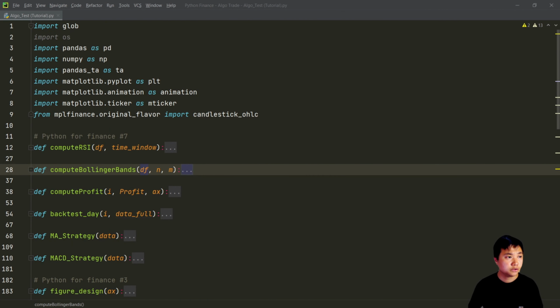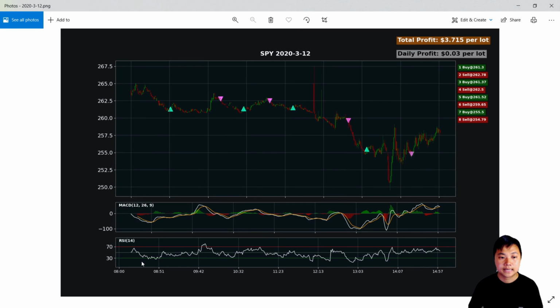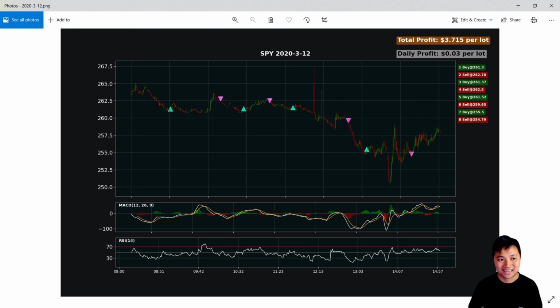Before we dive into the trading strategies, there is one thing that I would like to fix. You can see that the RSI, MACD, and also the main chart, the x-axes are not quite aligned. This is mainly because there are some NaN values. For example, for RSI, the first 13 points are NaN values.